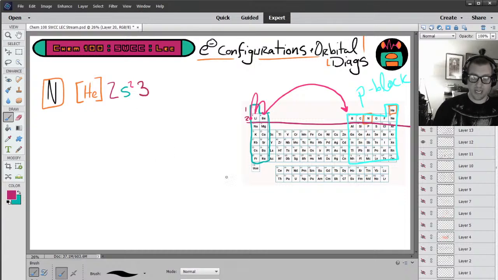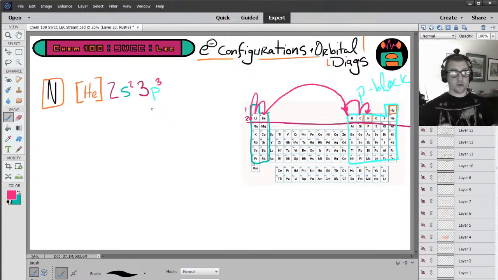So this will be 2p. Now, how many spaces into the P block do we have to go? We have to go 1, 2, 3 spaces in to hit nitrogen. So the electron configuration for nitrogen will be noble gas abbreviation, right? Helium, 2s2, 2p3.